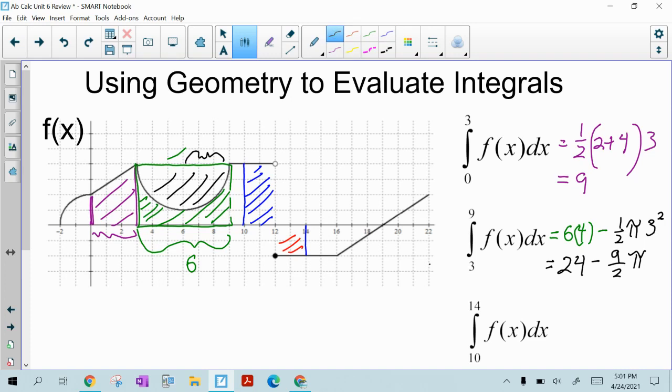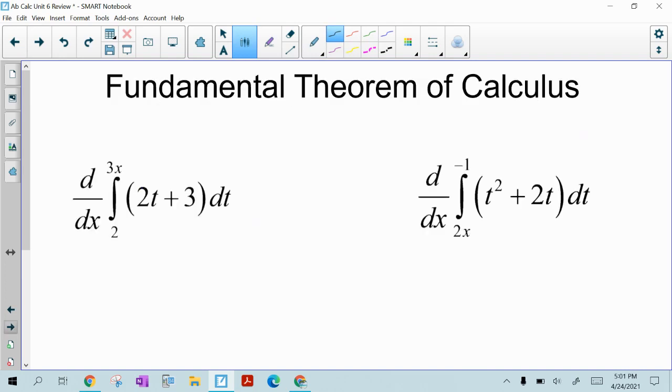So all I need to do is add those, but the section that it's below, I'm going to subtract. So I'm now looking at 2 times 4 minus my negative area, which is 2 times 2. Hopefully that's pretty easy to get you an answer of 4. Going once, going twice. Anybody with anything? All right, here we go. Next up, fundamental theorem of calculus.